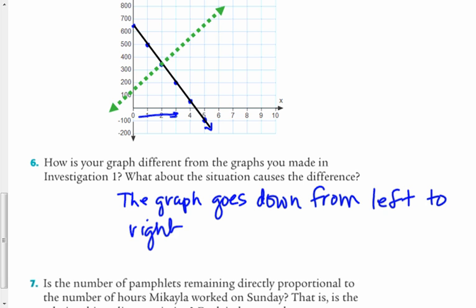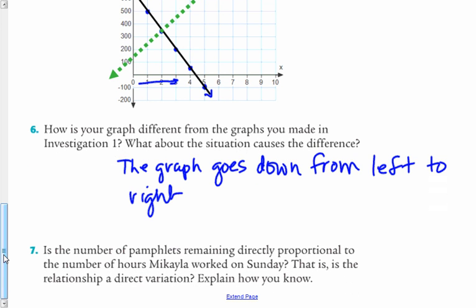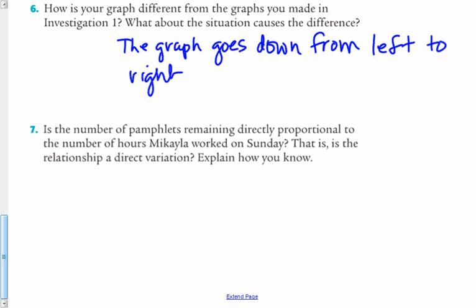Is the number of pamphlets remaining directly proportional to the number of hours Michaela worked on Sunday? Is the relationship a direct variation? Explain how you know. What we want to do here to see if it's a direct variation is see if we get the same ratio.